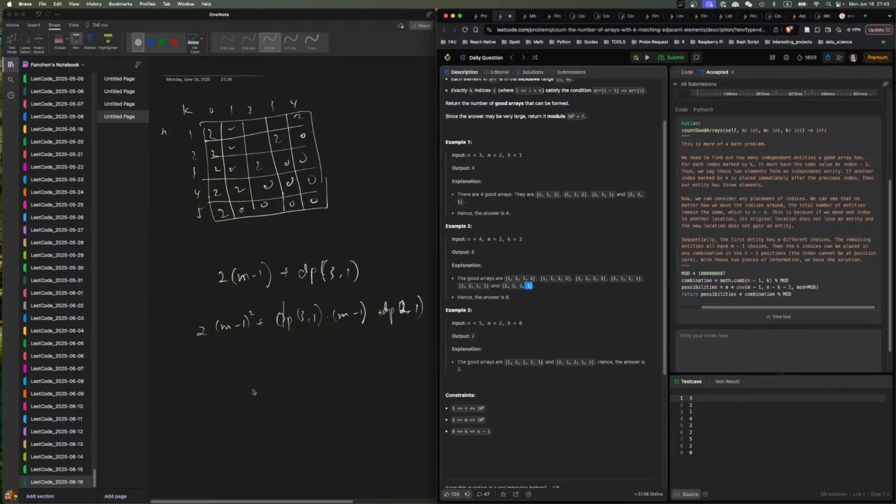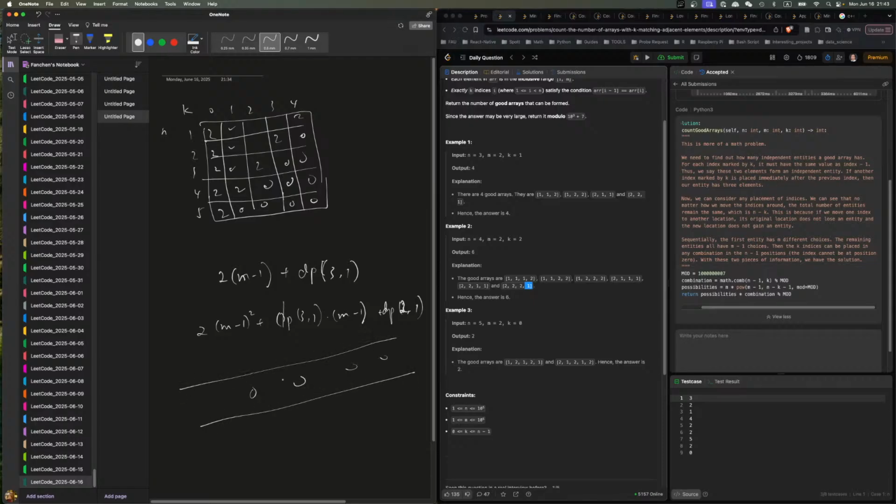So what we're saying is we want to have k of them in an array, and each will form an entity, and this will form an entity, this will form an entity.